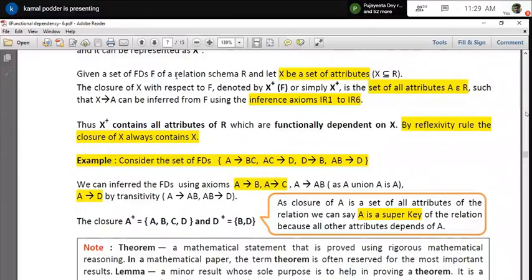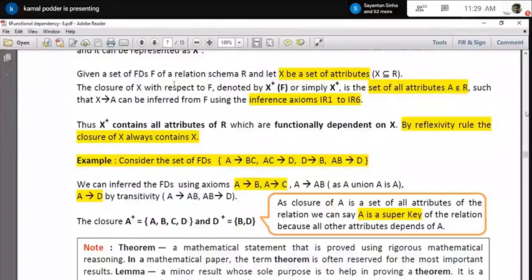The closure of X with respect to F, where some set of FDs is already given, okay, is denoted X plus. Sometimes we call it X plus F, or sometimes it is simply X plus, which indicates that it is the closure of that attribute set.